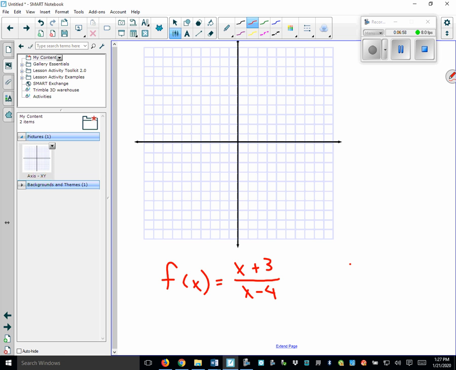Be sure to graph all asymptotes. What is the vertical asymptote? X equals 4. What is the horizontal asymptote? Y equals 1.